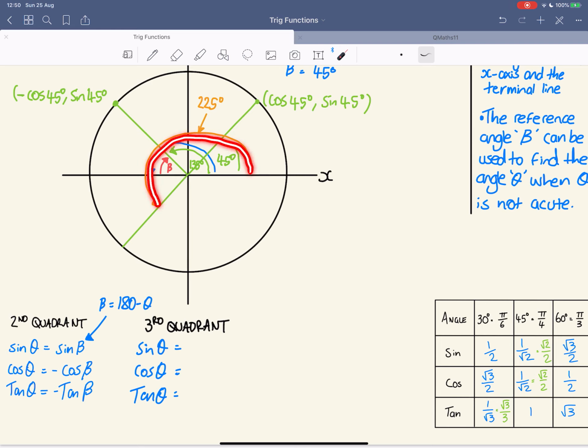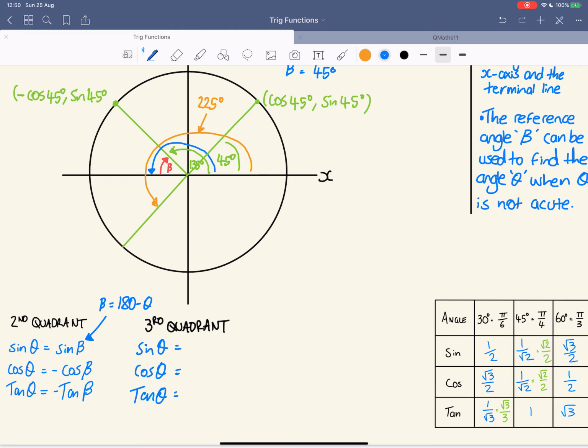The angle that we're interested in, which is 225, the angle minus 180, and that will give us the reference angle here, right? So the angle minus 180 will give us what's left over, and that's how we find our reference angle in the third quadrant, okay?